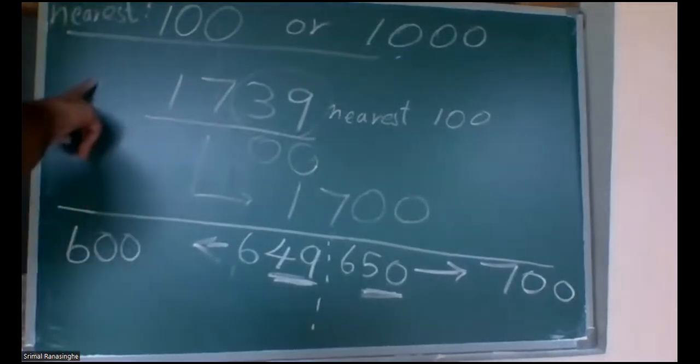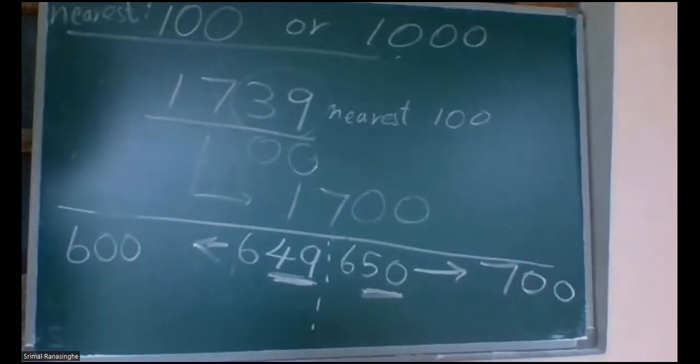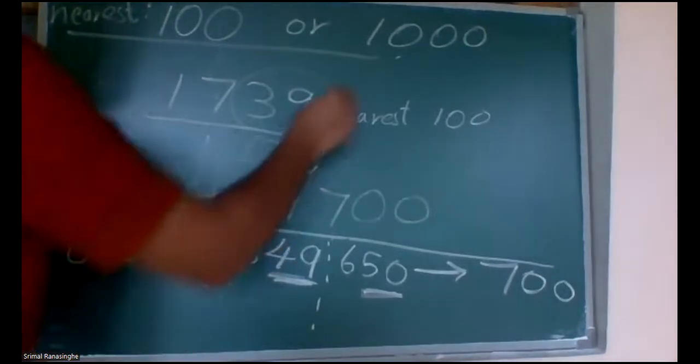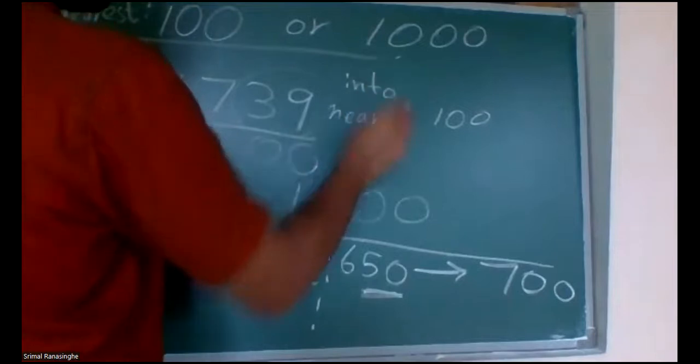First write as an example 1739 into nearest 10.